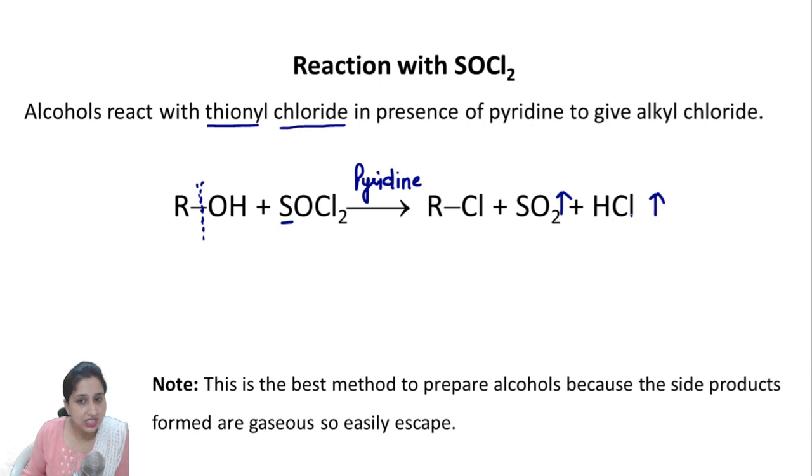Both are gaseous in nature, and this reaction is the best method to prepare haloalkanes. So this is the best method to prepare haloalkanes because of the gaseous nature of both side products.